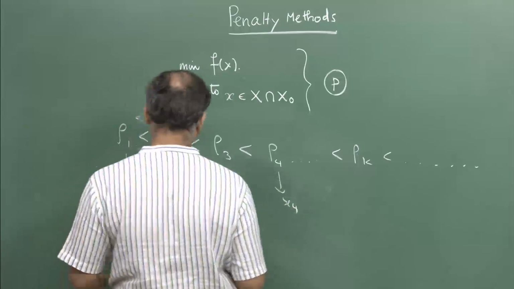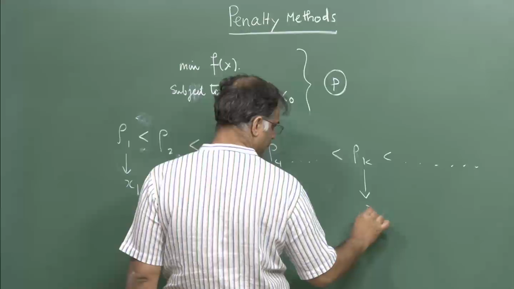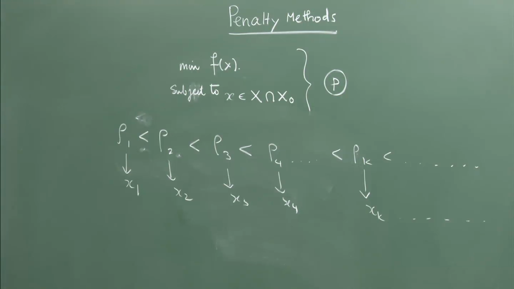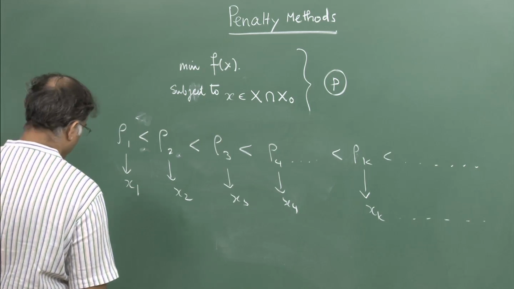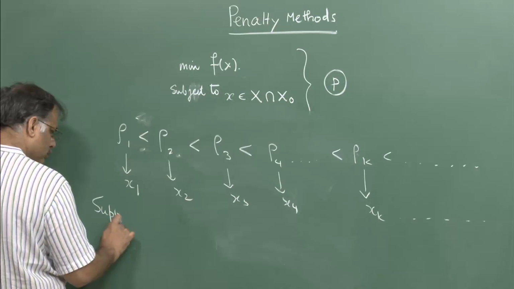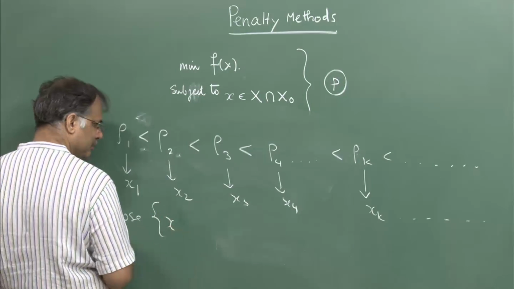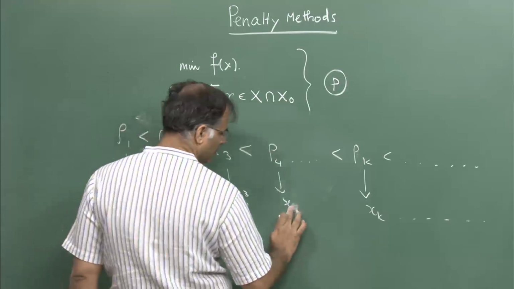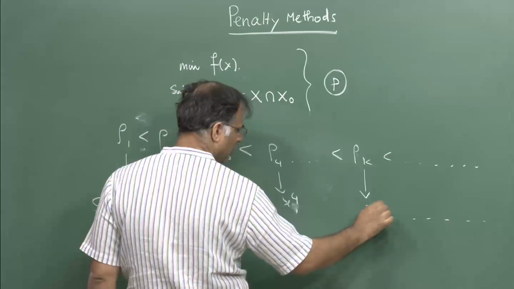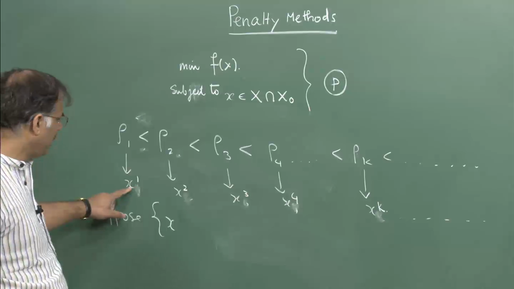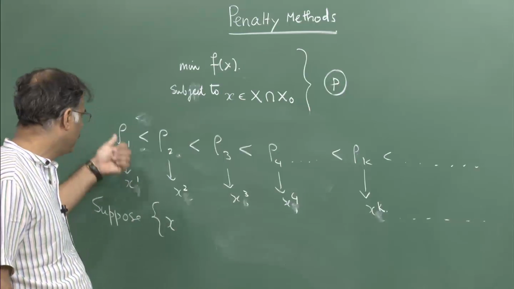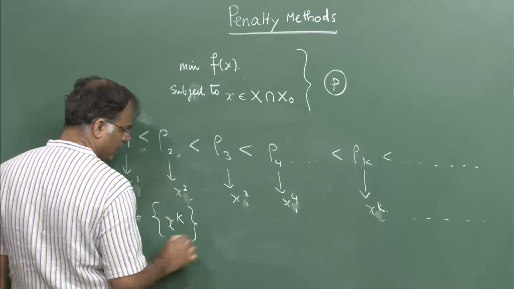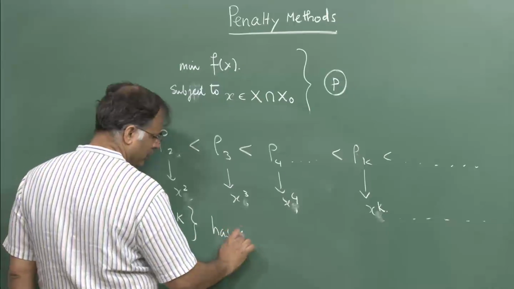Of course, the solutions do not have such ordering because these are all vectors. And you go on. Now suppose the sequence x k, maybe I should write it with the index on top because I am constructing a sequence. So, when I have a vector, I will write the sequence index on the top, and when I have a scalar, I will write it at the bottom. So, suppose x k has a convergent subsequence.